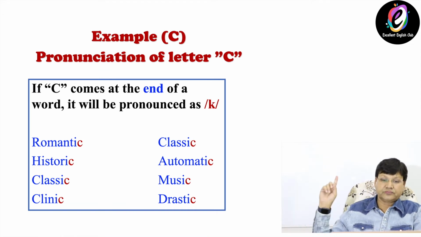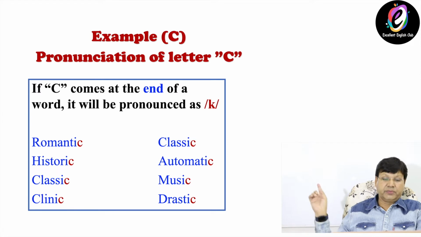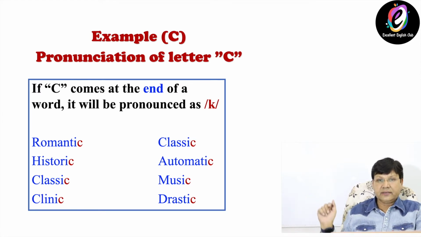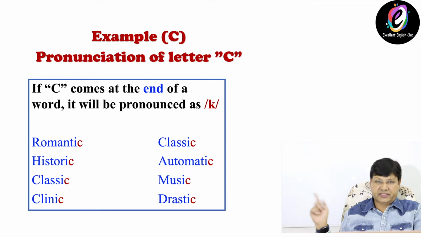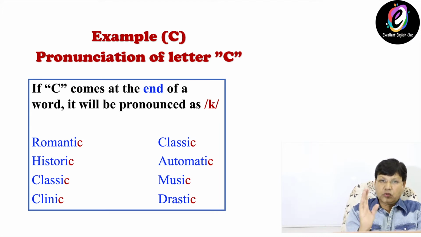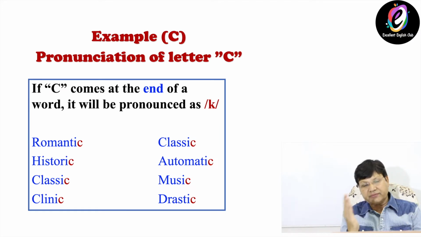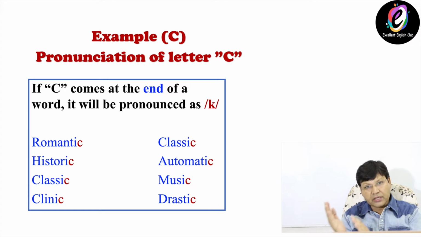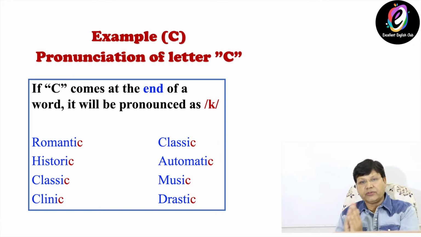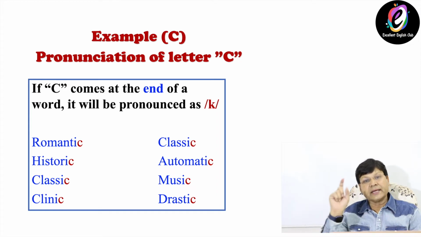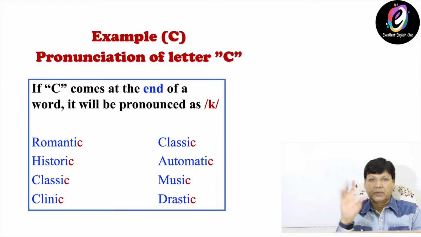Look here. These are the examples: romantic, historic, classic, clinic, automatic, music, drastic. So this is rule number 1. If AOU comes after the C, if any consonant comes after the C, or if the C comes at the end of a word, the sound will be ka.